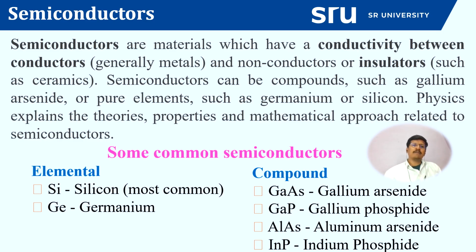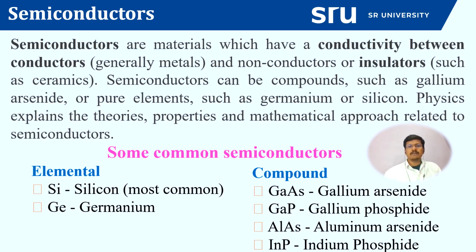Why does it have that much importance? Silicon is abundant in nature, inexpensive, chemically stable, and also capable of forming high quality silicon dioxide layers that are essential for integrated circuit fabrication.